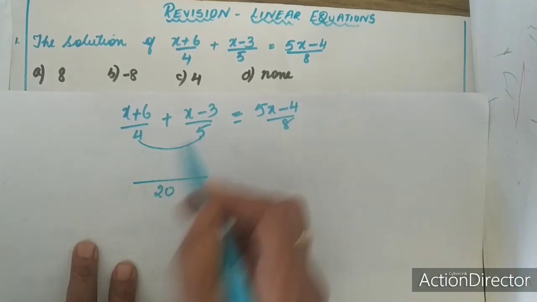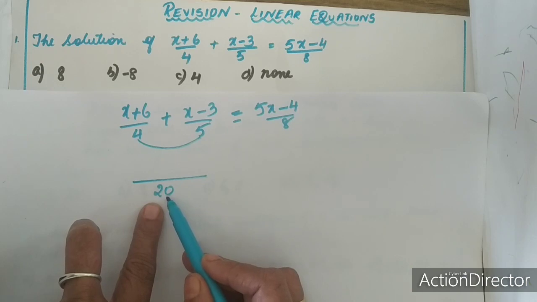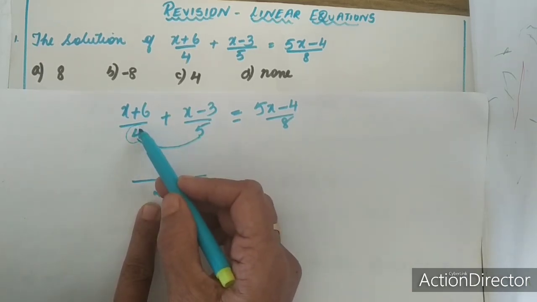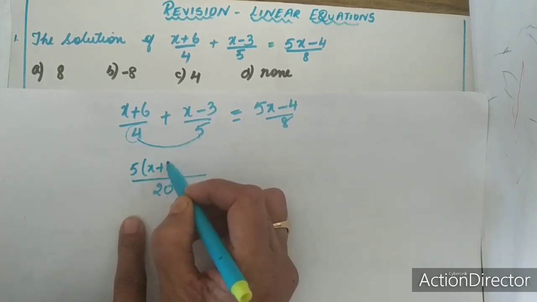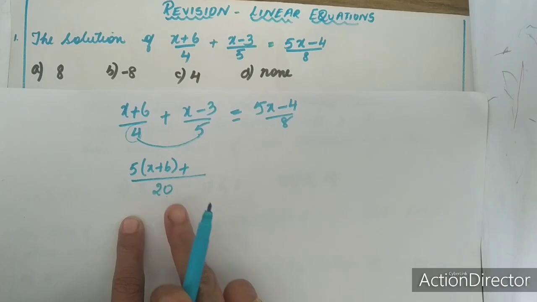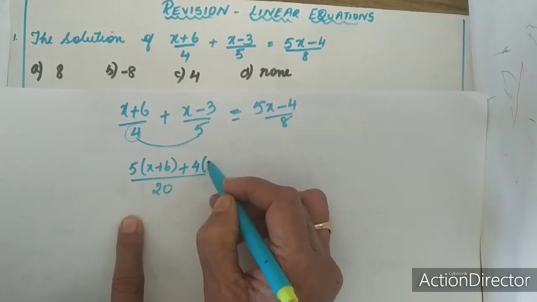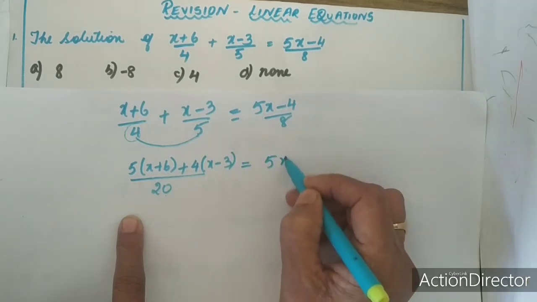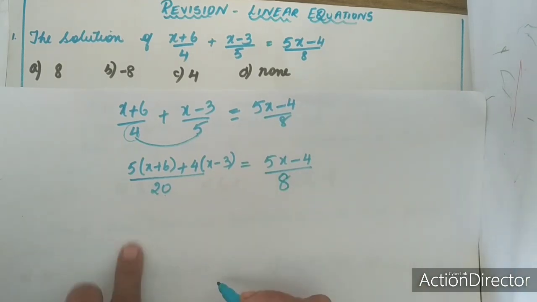You have to multiply these two numbers, 5 into 4, 20. Now you divide this 20 by the first denominator 4. 20 divided by 4 is 5 and multiply it with the numerator. Plus 20 divided by 5 is 4 multiplied by the numerator is equal to (5x minus 4)/8.